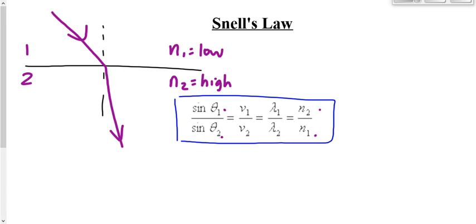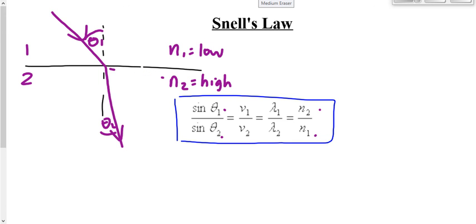As theta goes down, N would go up. We can see here that theta 1, the angle of incidence we call it, is bigger than theta 2. Theta went down, N must have gone up. If it bent this way, theta 2 would be bigger than theta 1, and we would know that we were going from a high index to a low index.